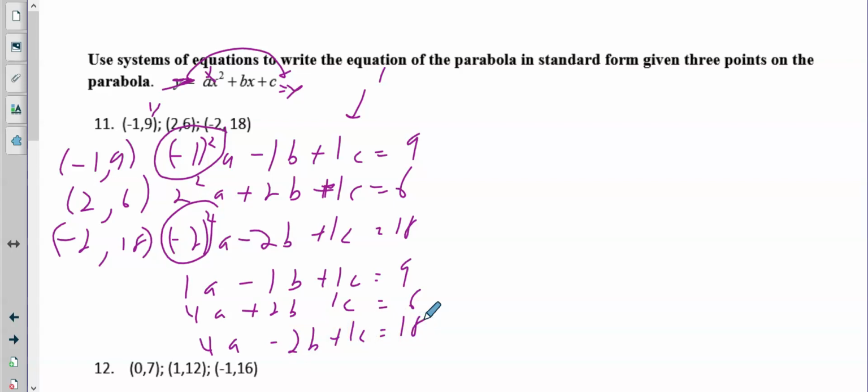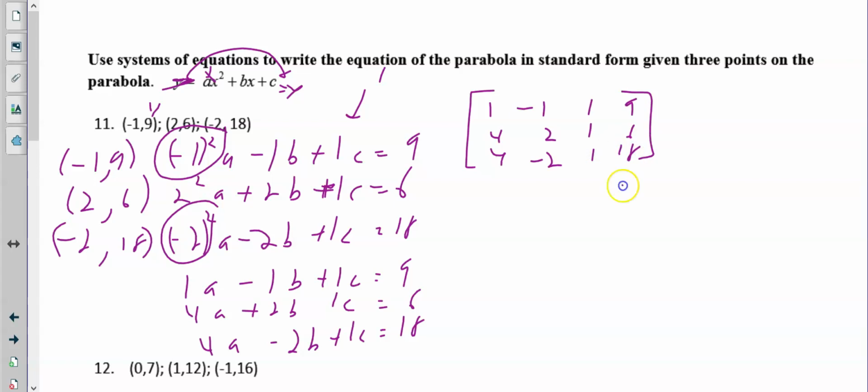Now, just like the last problem, I just do my augmented matrix. So 1, -1, 1, 9. 4, 2, 1, 6. 4, -2, 1, 18. Okay, I'm not going to enter this in the matrix again because I think we've done enough of those. You need to watch the previous problem.